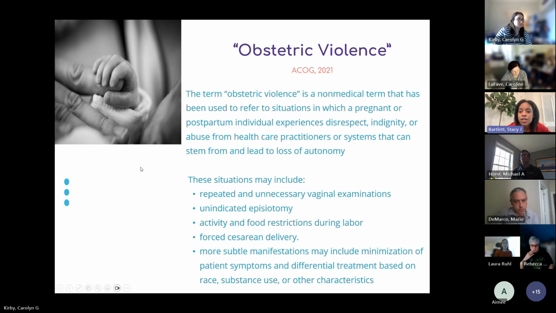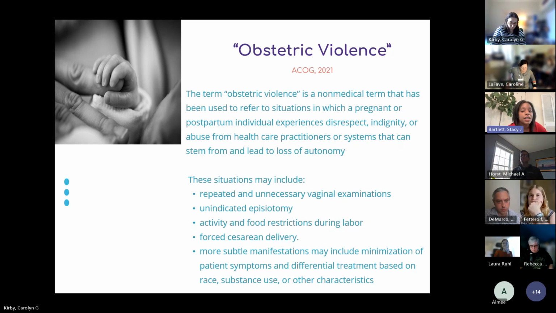Obstetric violence is a term that some folks might be familiar with. ACOG says it is a non-medical term that refers to situations in which a pregnant or postpartum individual experiences disrespect, indignity, or abuse from practitioners themselves or from the system. It can lead to a loss of autonomy or be a result of a loss of autonomy.